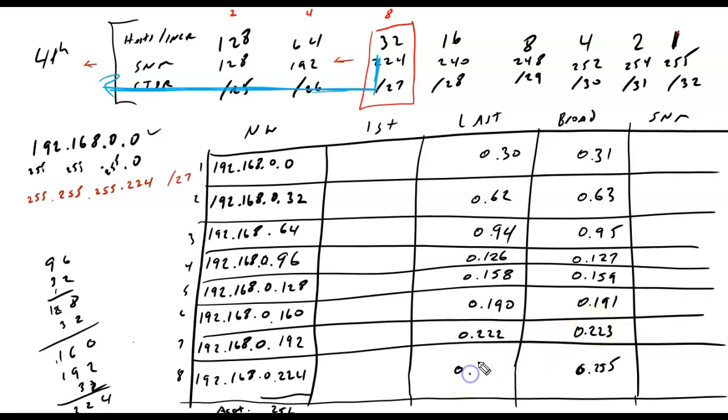And then 0.254. Let me erase that and try that again. 254. There we go.